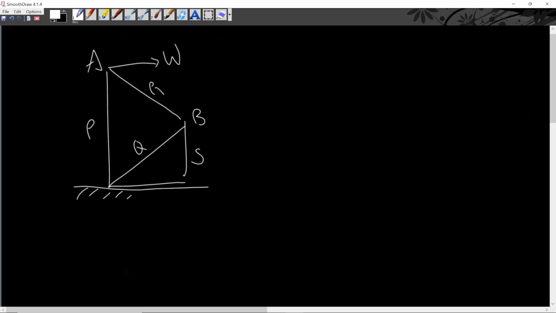So those lines just indicate that there's a foundation, and now let's try and see which of these forces are going to be tensile or compressive. So we have 4 members, right? P, R, Q, and S.